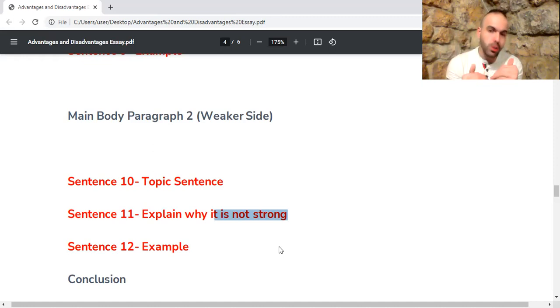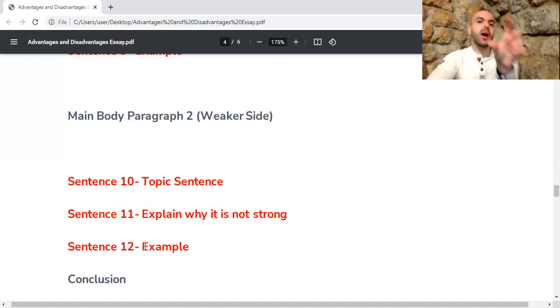So when it comes to the weaker side, you need to explain why this is not strong, as if you are denying this specific disadvantage. And then you give an example based on that. Okay? So after you have done your explanation, you provide an example based on that.